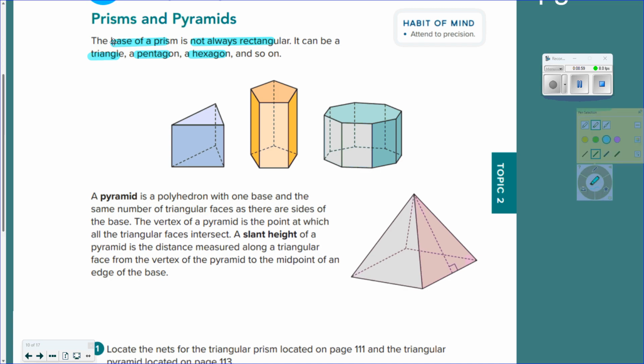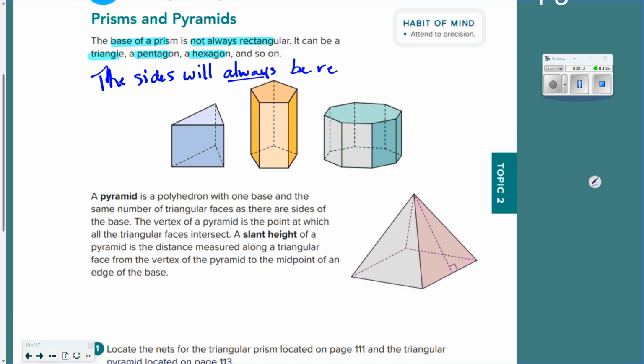Okay, so let's add that note in. The sides will always be rectangle. That is the definition of a prism. So regardless of what the base is, the sides will still be rectangle.